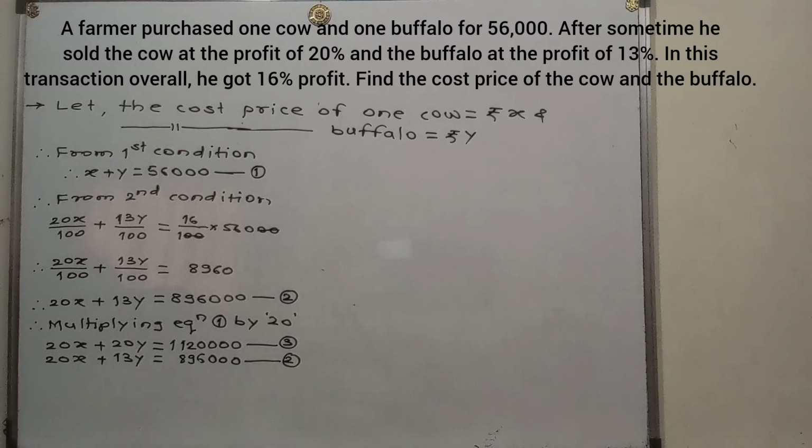Now, since the signs are the same, we do subtraction. 20x cancels. Now 20y minus 13y means 7y.